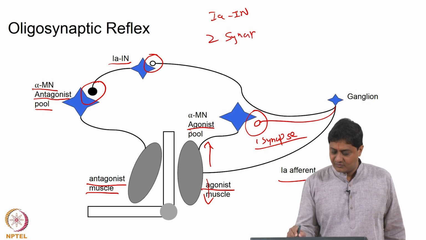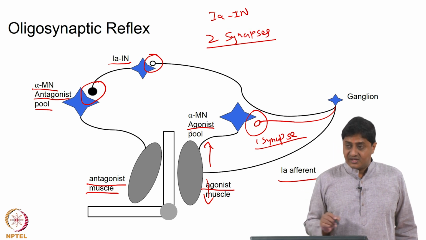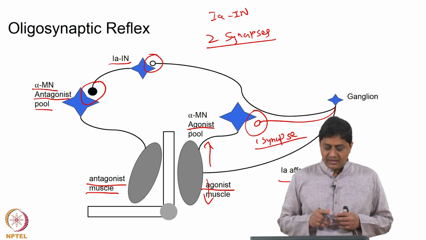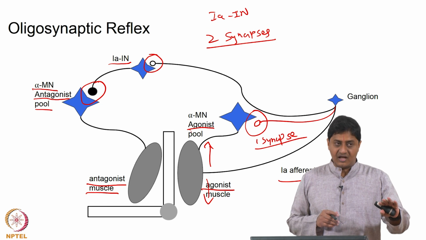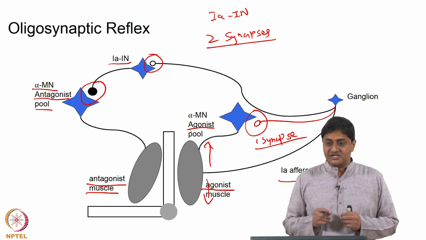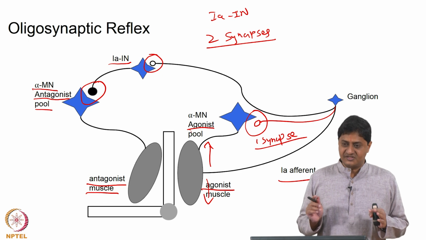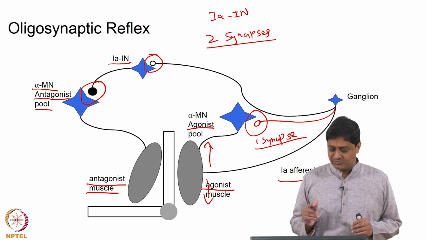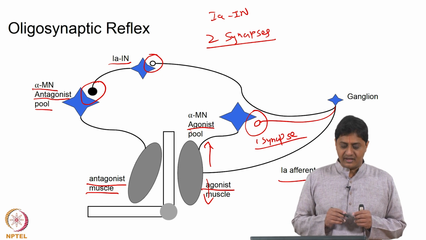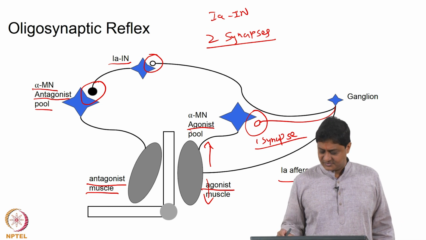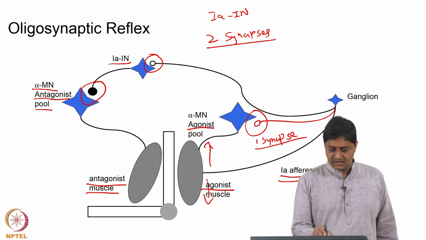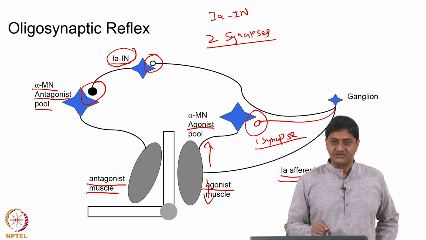We have seen this earlier. So, what does this do? This is inhibition of the antagonist muscle alpha motor neurons during stretching of the agonist. This is mediated by the 1A interneuron, and 1A afferents serve as the sensor. So, this is the sensor and this is the interneuron that is causing this reflex.